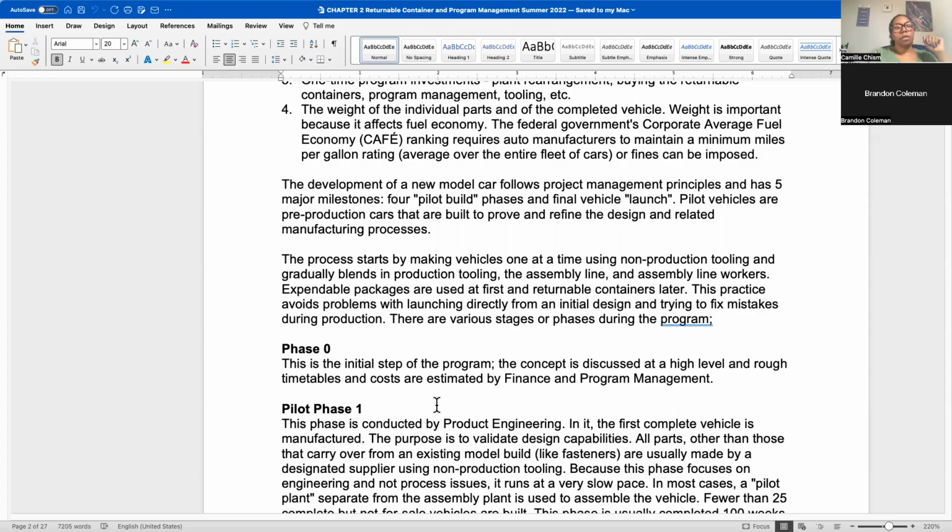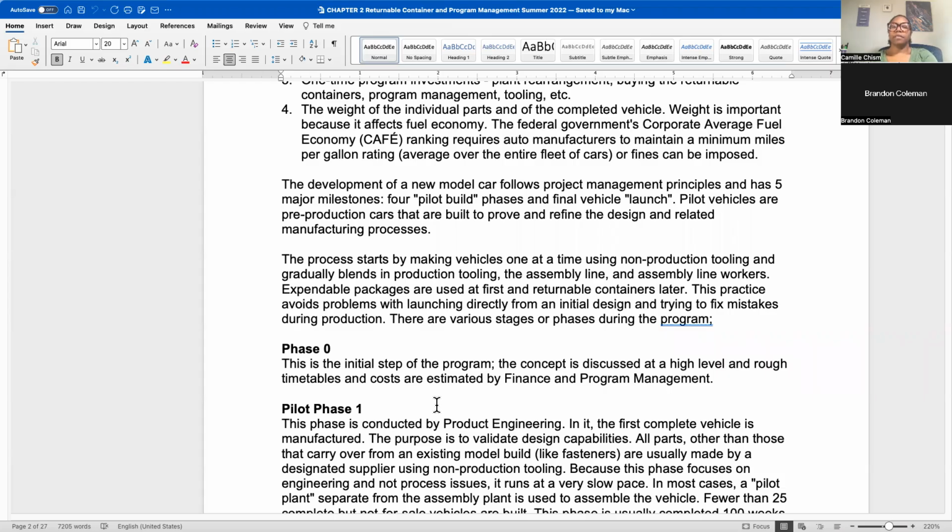If you're a tier supplier and you're supplying a certain part of the vehicle, you're easily spending $300,000 to maybe $1 million on returnable packaging for a new program. So you want to make sure that that money is set aside ahead of time.